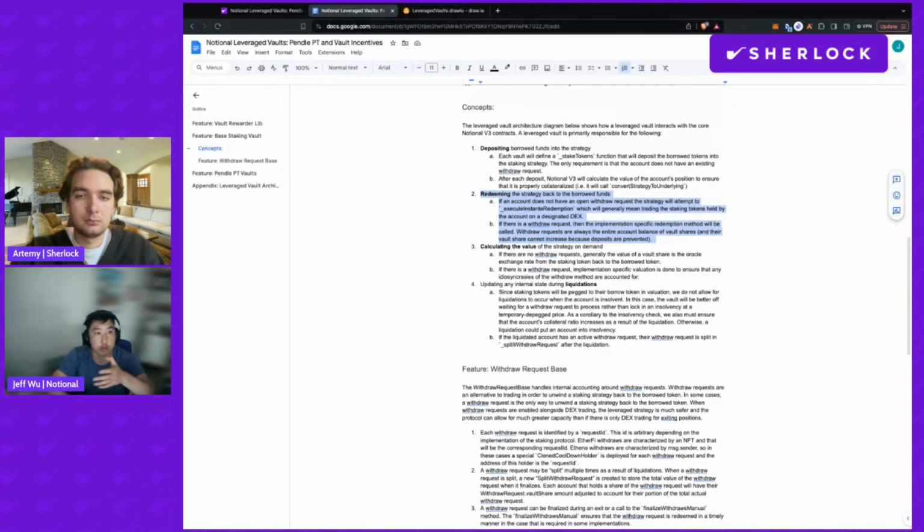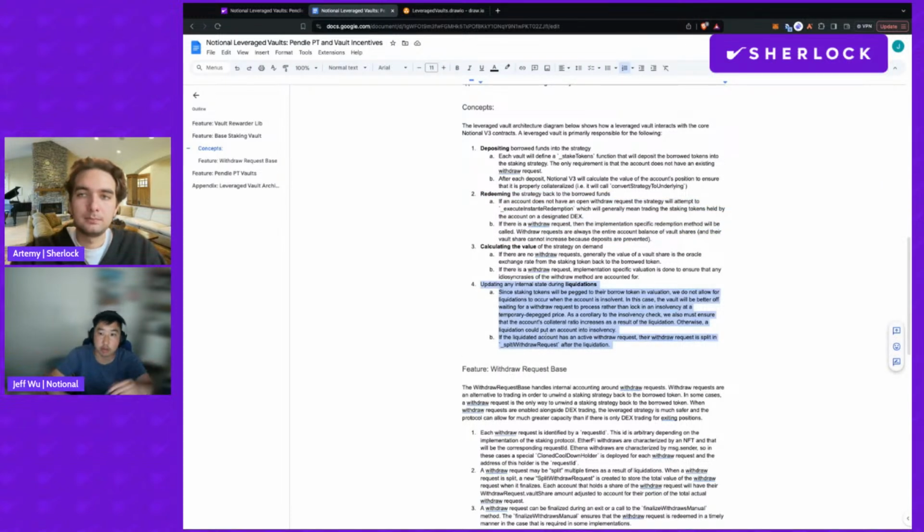If we are in the second path, where the account is in this withdraw request mode where they're temporarily illiquid, they won't be able to exit until that request has been finalized, and they can actually retrieve the borrowed tokens from the staking protocol.